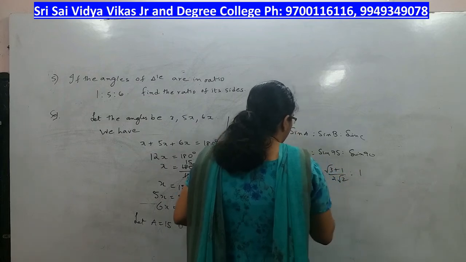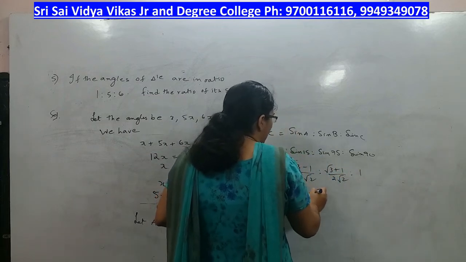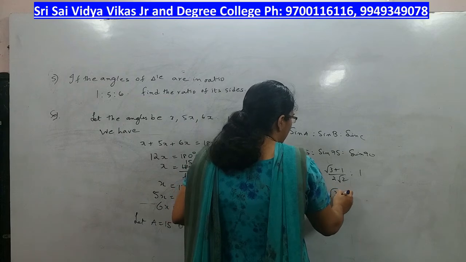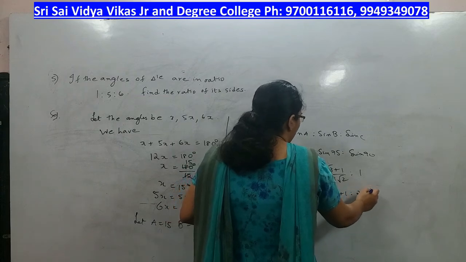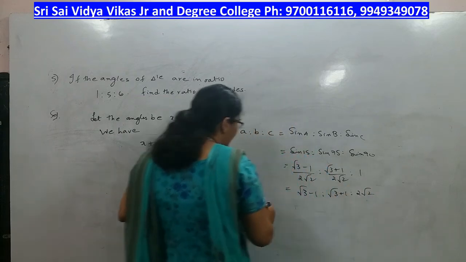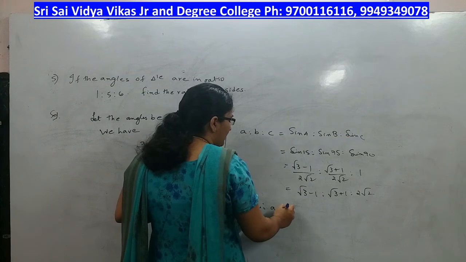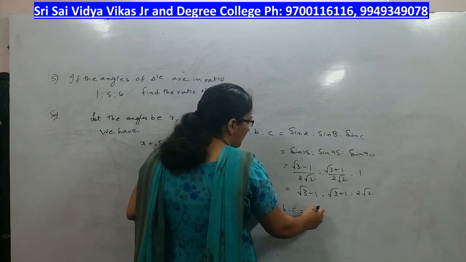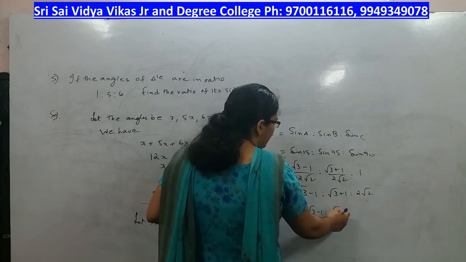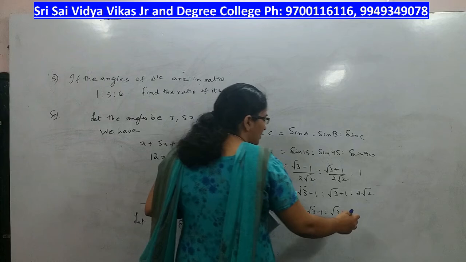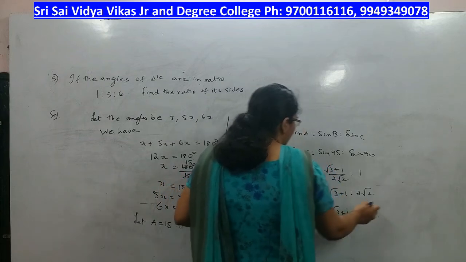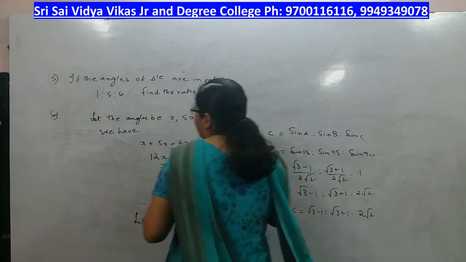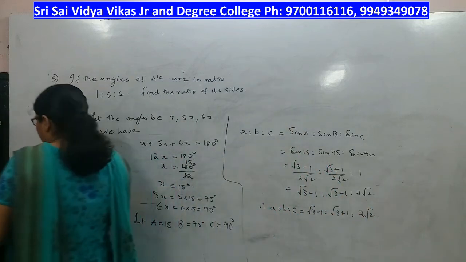Sin 90 is 1. So this can be written as root 3 minus 1 is to root 3 plus 1 is to 2 root 2. Therefore, A is to B is to C is root 3 minus 1 is to root 3 plus 1 is to 2 root 2. This is what you have. Let us discuss the next problem.